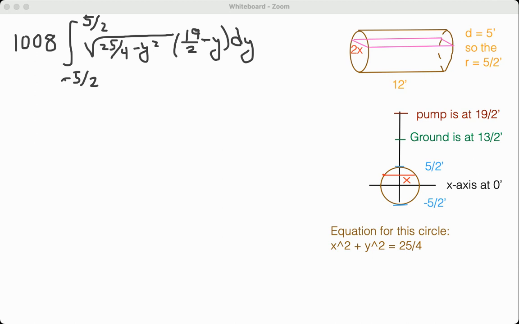So imagine we do this. Let's just go ahead, take 1008 times 19 halves.